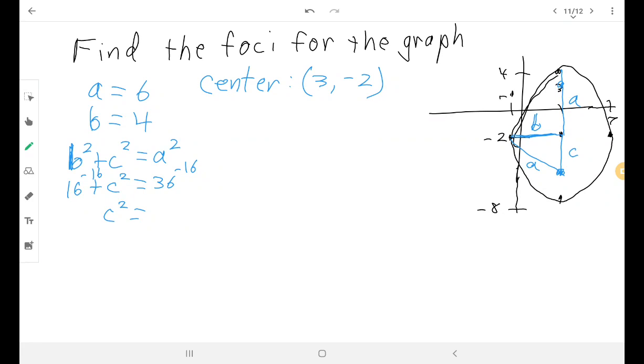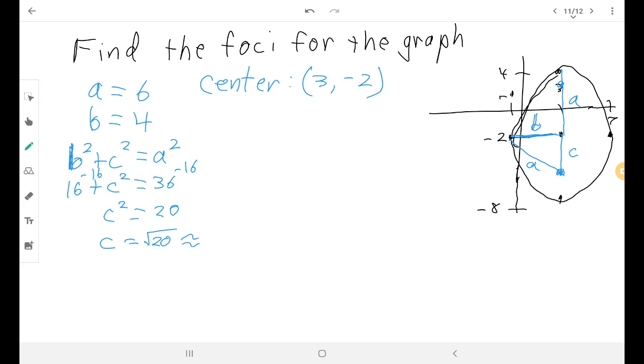That'll give me c squared as 20. So c is the square root of 20, which is, you can pull out your calculator and get an approximate for that. I'll show you the answer both ways, actually, because it's good to know the answer when you're using that and when you're not.